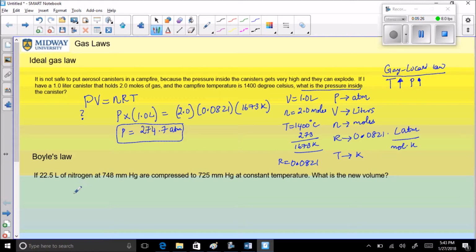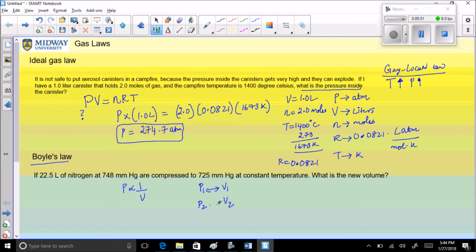Now, Boyle's law. We said pressure is inversely proportional to volume. What that means is that at pressure 1, you have volume 1, and if you change the pressure, by increasing or decreasing it, then you have a corresponding volume.